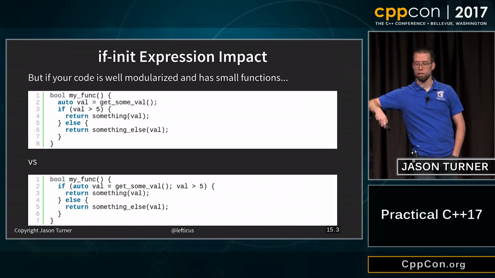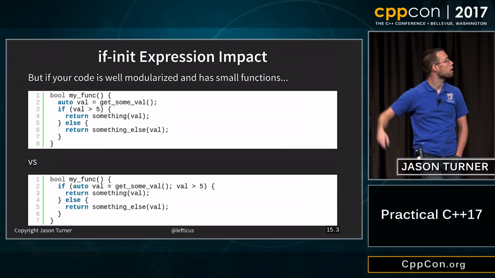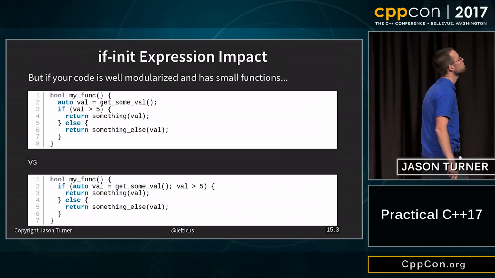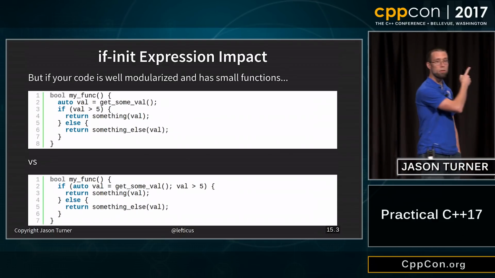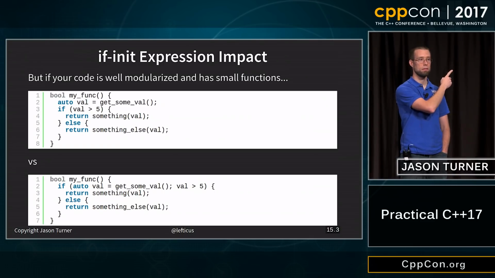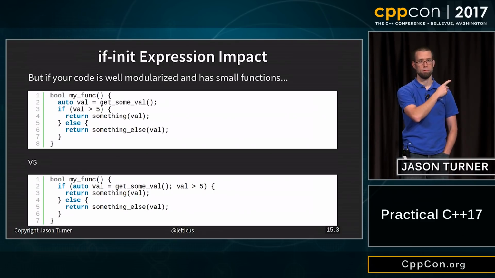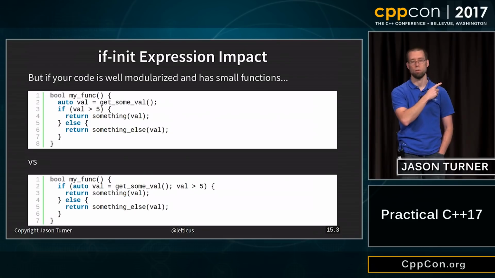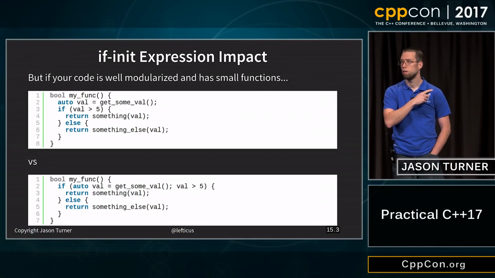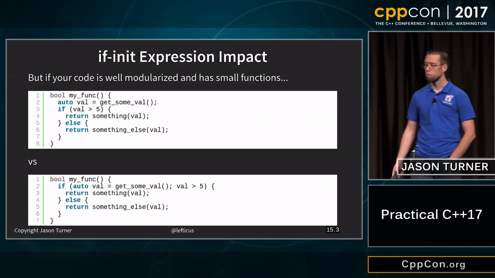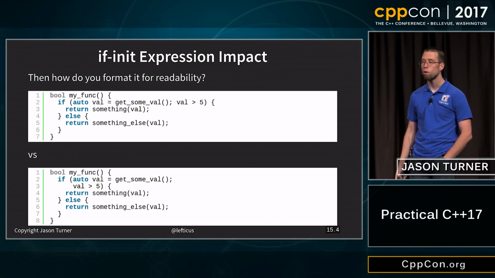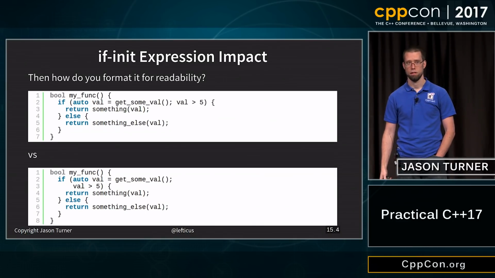So my code is fairly well modularized with fairly small functions most of the time. So I found that I had changes like this. And I find myself not as impressed as I would like to be. And then I kept finding myself going, well, how do I format this?